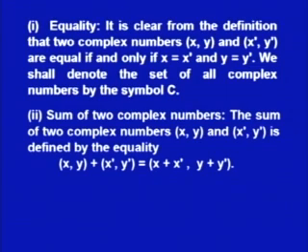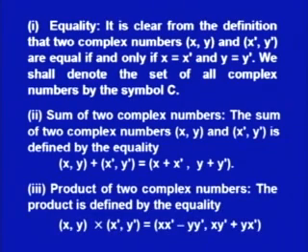The sum of 2 complex numbers (x, y) and (x dash, y dash) is defined by the equality (x, y) plus (x dash, y dash) equal to (x plus x dash, y plus y dash), that is their real and imaginary parts are added in the new complex number, which is the sum of the 2 complex numbers.